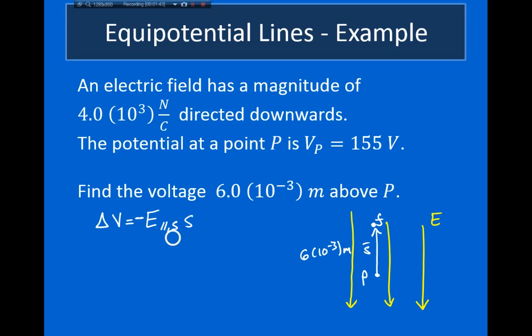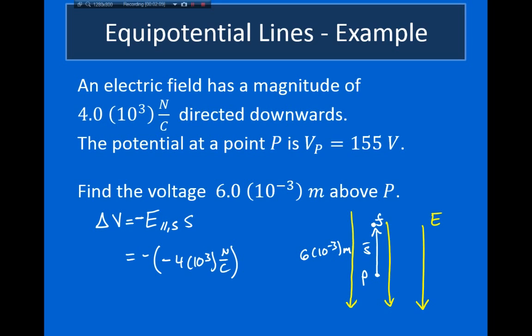So the component of the electric field that's parallel to the displacement is actually going to be minus the magnitude of the electric field. So it's going to be minus 4 times 10 to the third newtons per coulomb. It's minus because the electric field is in the opposite direction as a displacement, right? And we're talking about the component of the electric field that's parallel to the displacement. So when they're in opposite directions, that number will be a negative number.